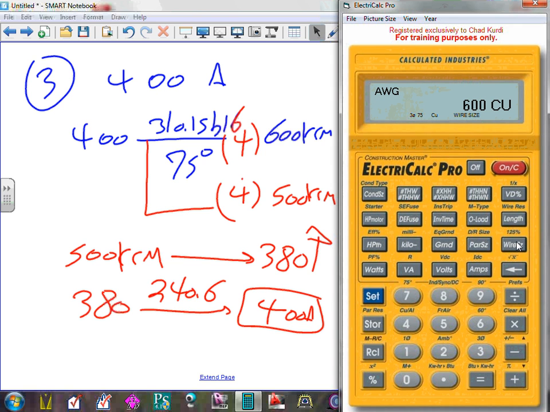It says neutral. A neutral conductor that carries only the unbalanced current from other conductors of the same circuit shall not be required to be counted when applying the provisions of that table. Everybody's there, guys? Page 152. That's why I didn't worry about the neutral. If it's carrying the unbalance between them, there are harmonics, but harmonics is a big deal, guys, on branch circuits, not on feeders. Not on feeders. Okay, let's go.